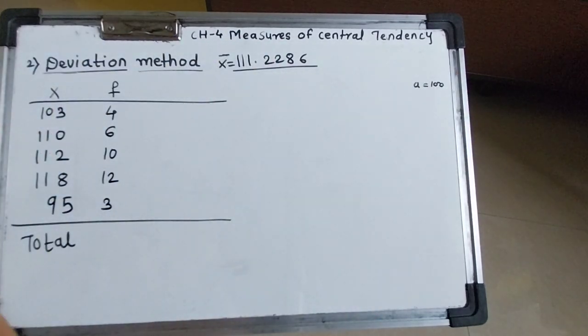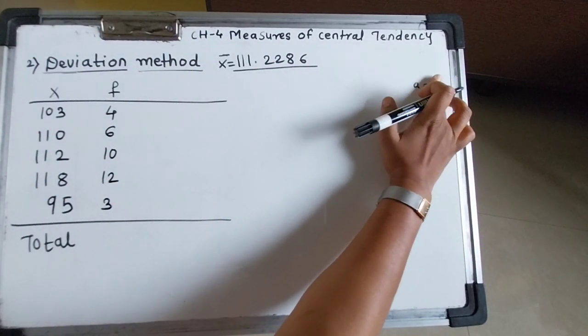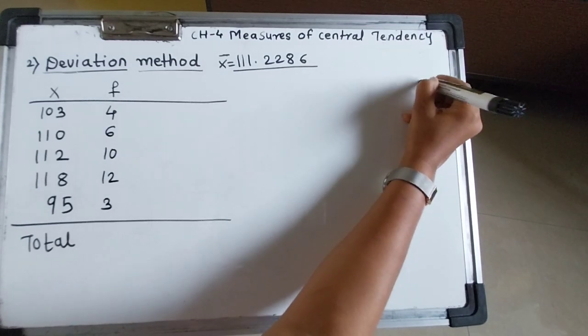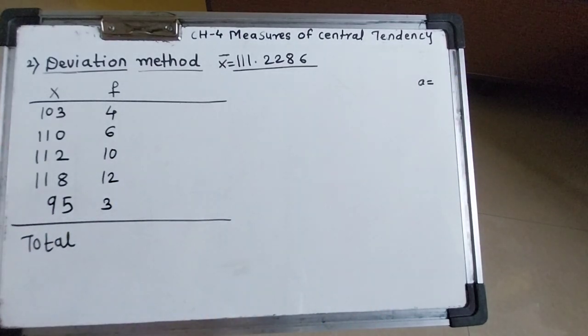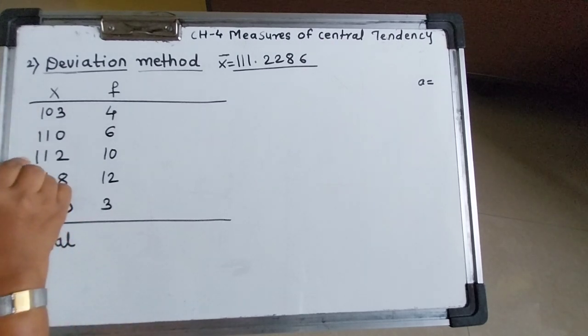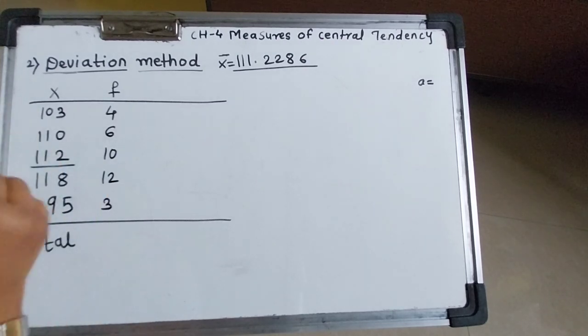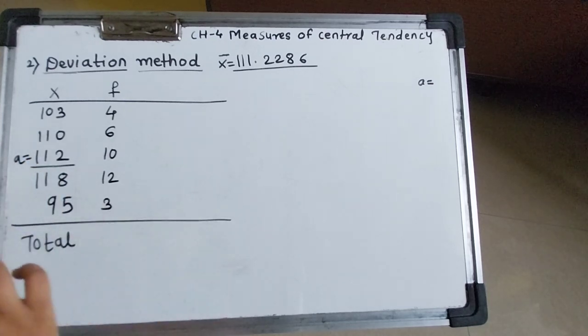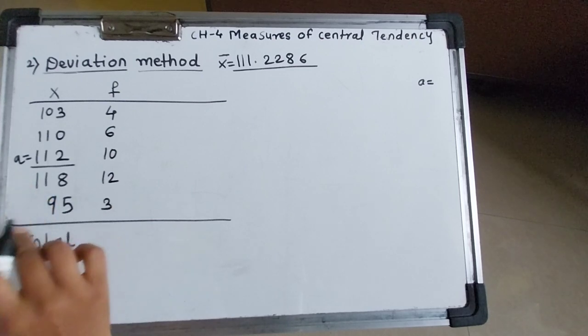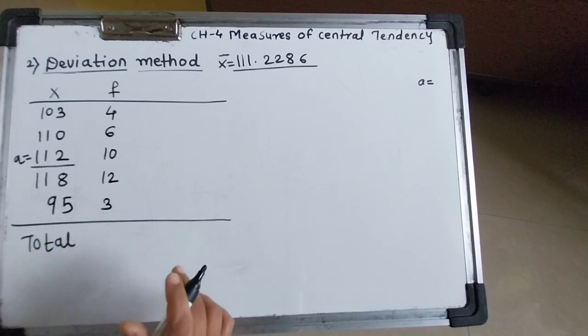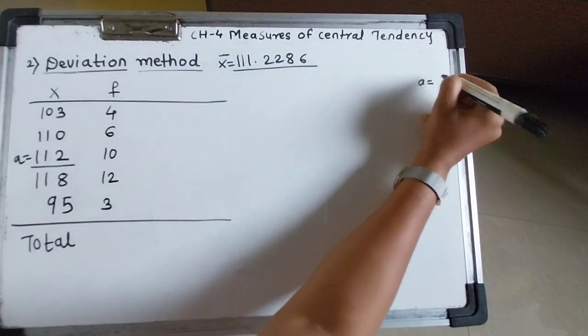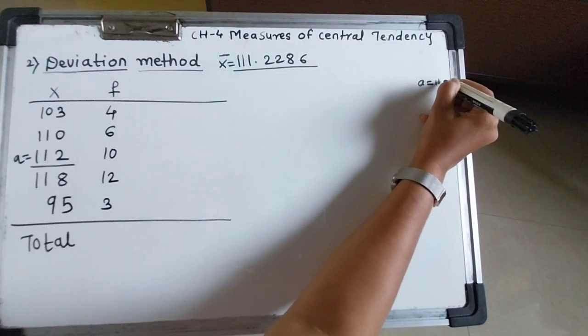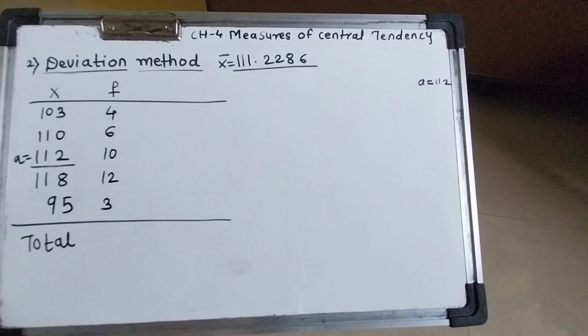And if I take by my rule, leaving these two values, I take 112. 112 is the assumed mean. In the textbook they used 100 as the assumed mean, and I take 112 as my assumed mean. We will see whether the answer comes the same or not.